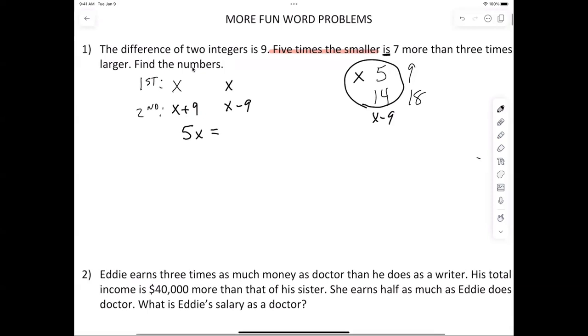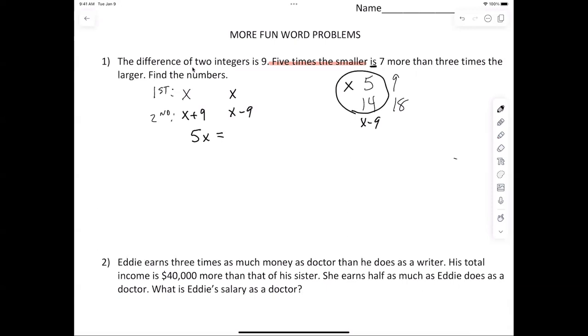How do I write 7 more than? Plus 7. 7 more than what? 3 times the larger. Which one is the larger? X plus 9 is the larger. X plus 9 times 3.